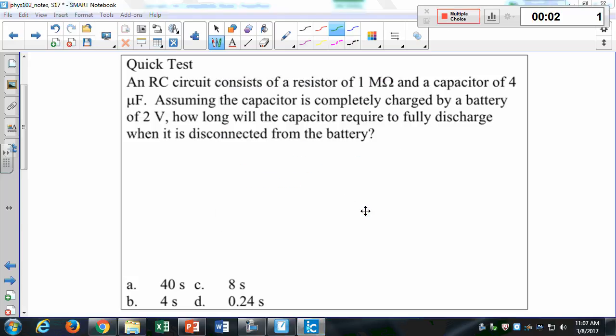All right, if you have your answer, you can go ahead and put it in. Feel free to ask your neighbor if they put it. All right, let's do about 12 more seconds.